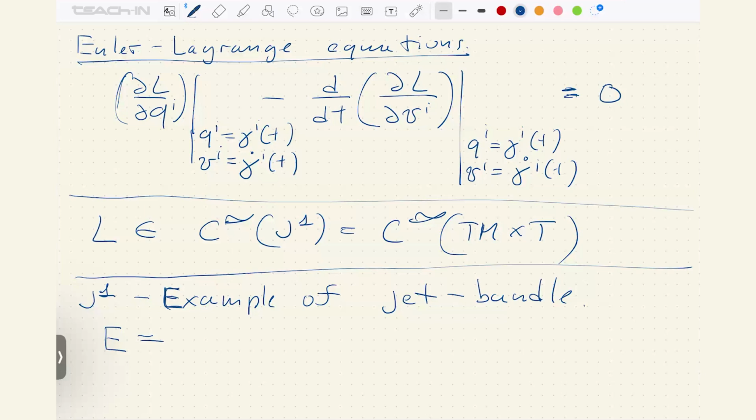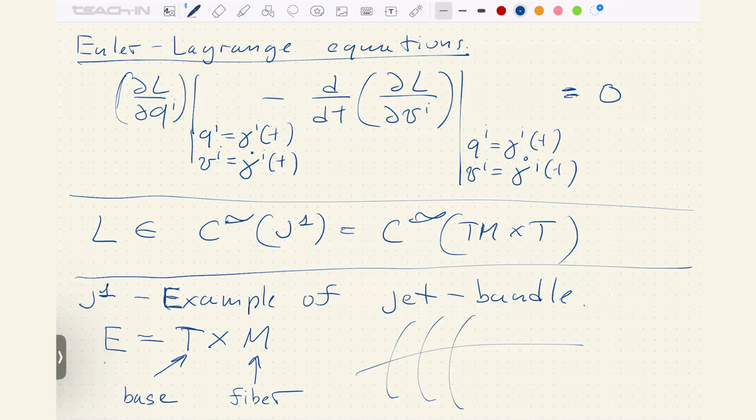Over the timeline, all bundles are trivial, which is T, our timeline, times our M. And we are going to think of it as a base space, and this is a fiber. That's the usual terminology of fiber bundles. What do fiber bundles look like? It's like a total space, and E is called the total space.